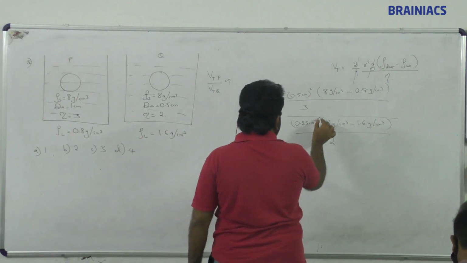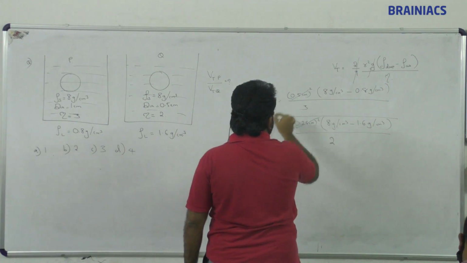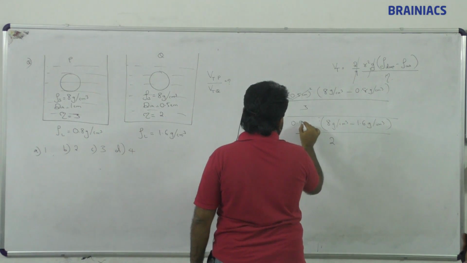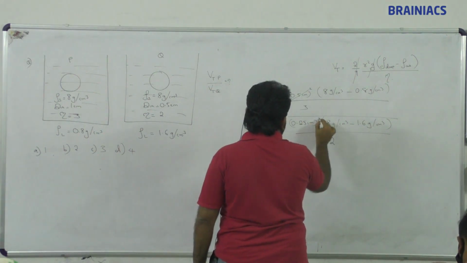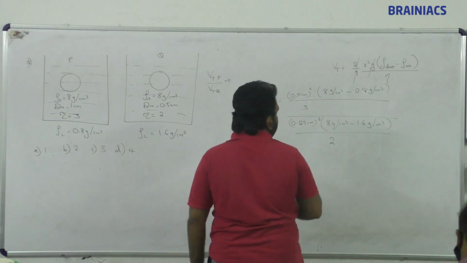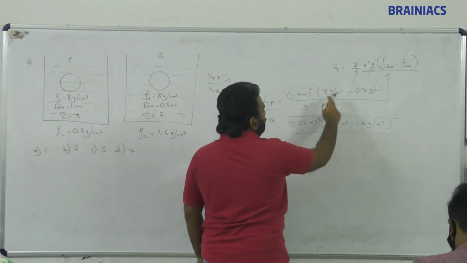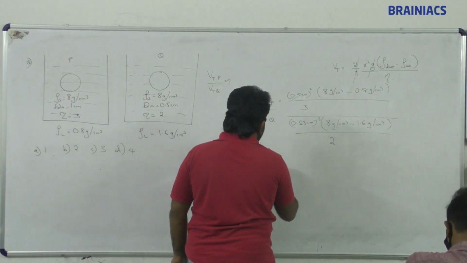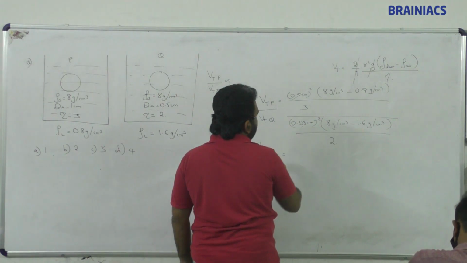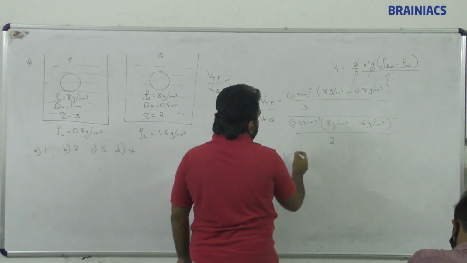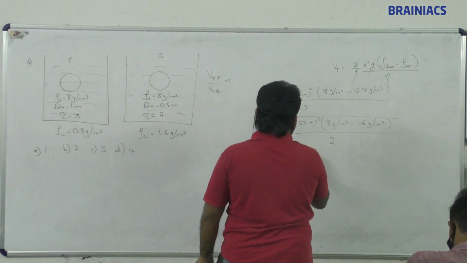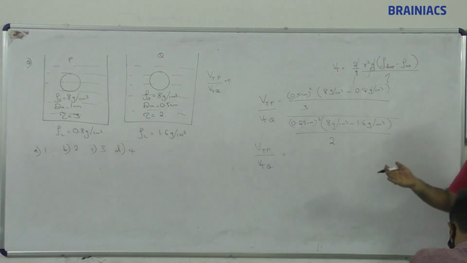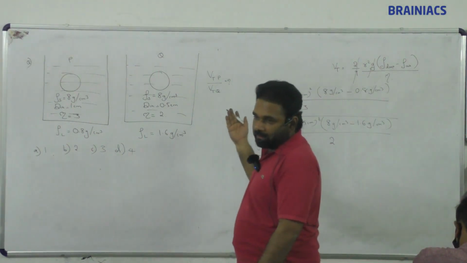So here if we cancel this, what will we get? 0.25 centimeter square, and this is going to be 0.5 centimeter square. So how to calculate this? This is going to be 0.5 into 0.5, divided by 0.25 into 0.25. 2 we will be getting there, no?